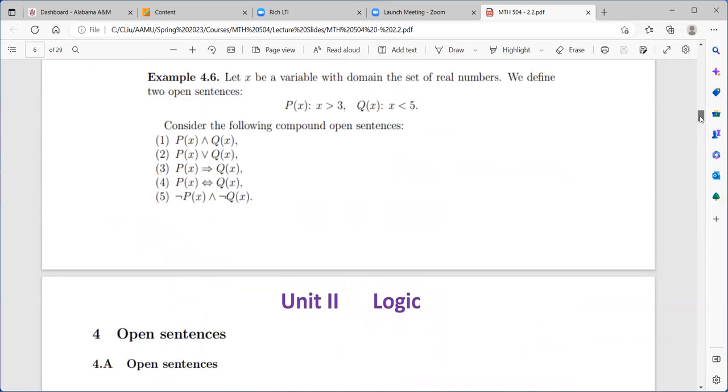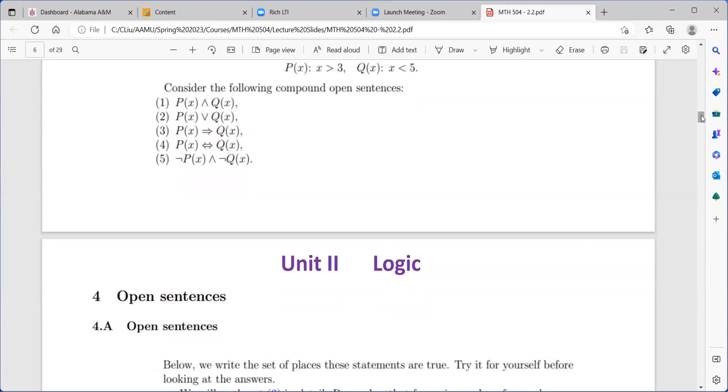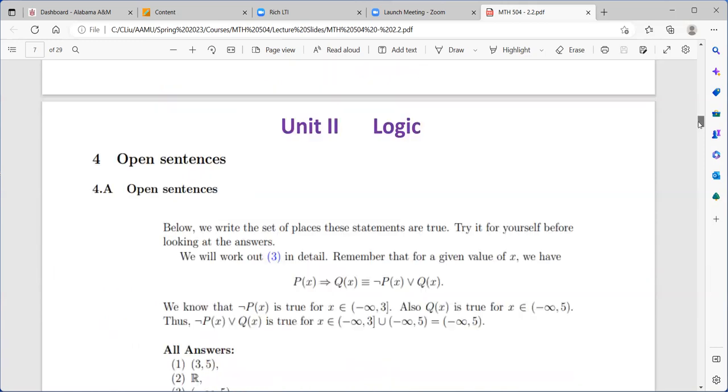So you take the union of x greater than 3 and x greater than or equal to 5. If you do that, you actually get x greater than 3. If you draw the two open intervals on the number line, you see that x greater than or equal to 5 is a subset of x greater than 3. So the union of those two is x greater than 3.